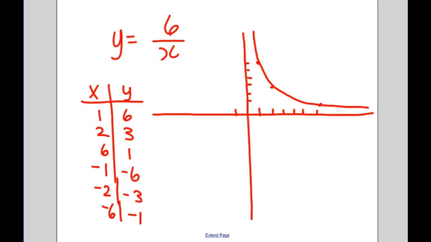So this is our original picture before transformations.